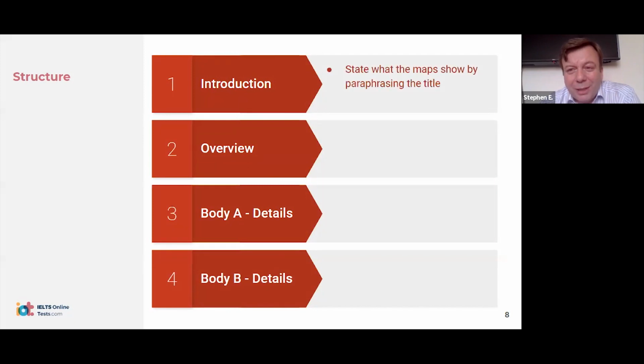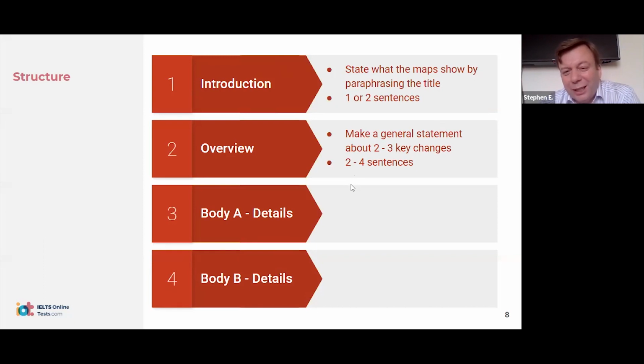So we're going to state what the maps show, paraphrase, good. And what are we going to put in the overview then? Most important changes. So we've got one or two sentences in the introduction, and then we're going to have a general statement about 2 or 3 key changes, 2 to 4 sentences, and then body A.